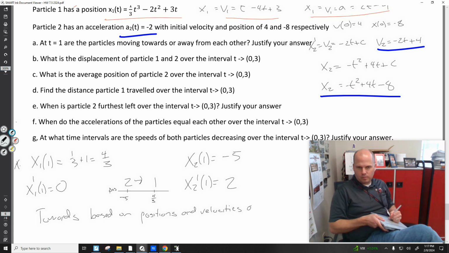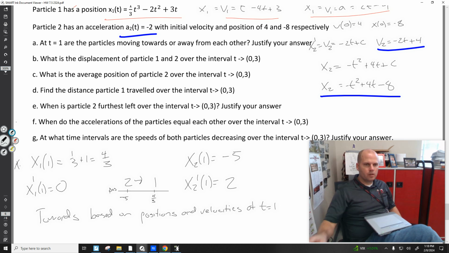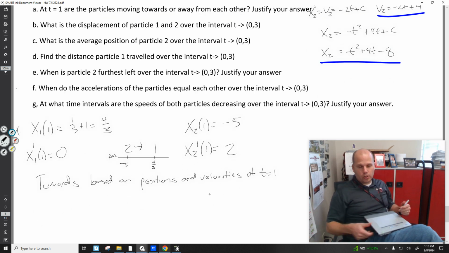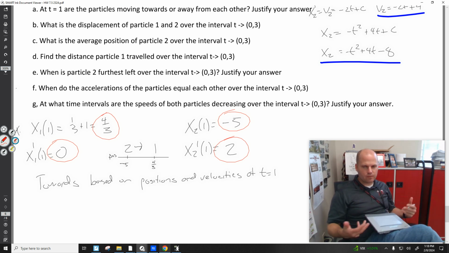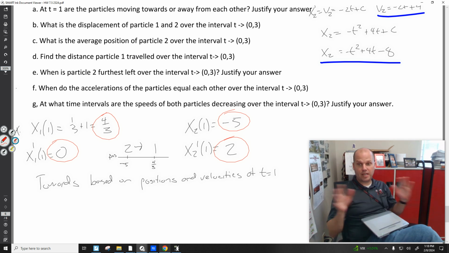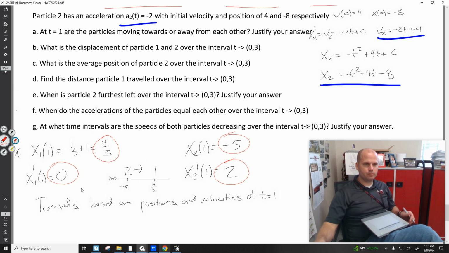On your test, I would be looking for this information. If you did not have this information, or at least the sign analysis of things, you're not going to get credit. The answer towards is not worth anything without the relative justification. So don't just guess towards, you'd be wrong.